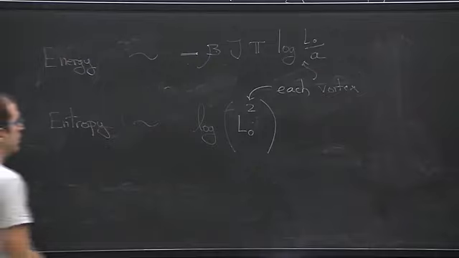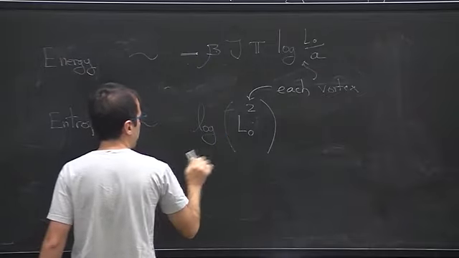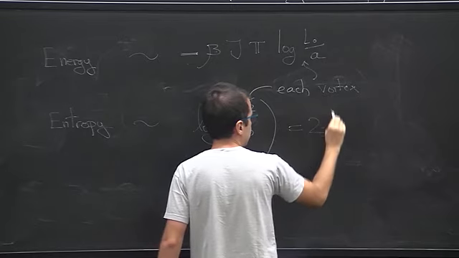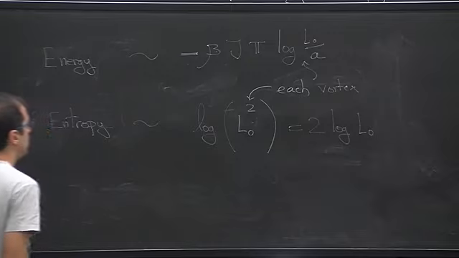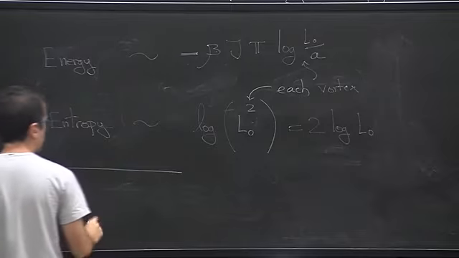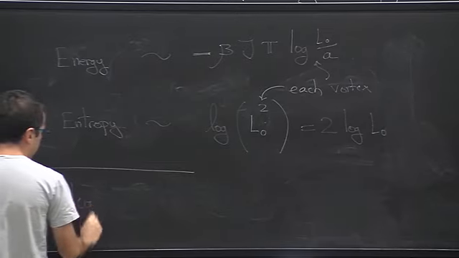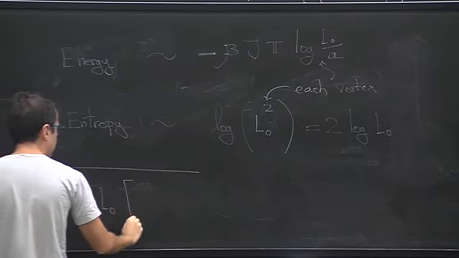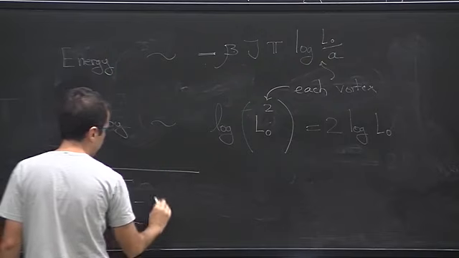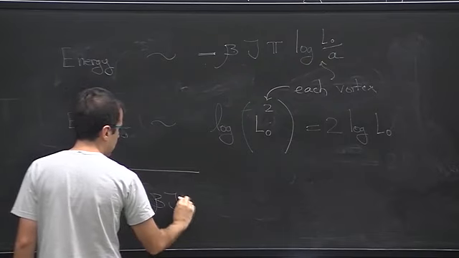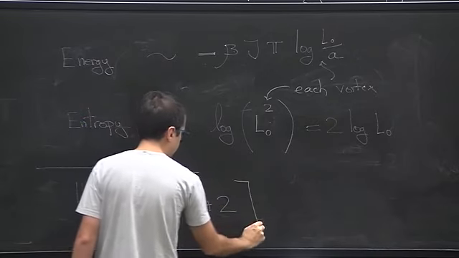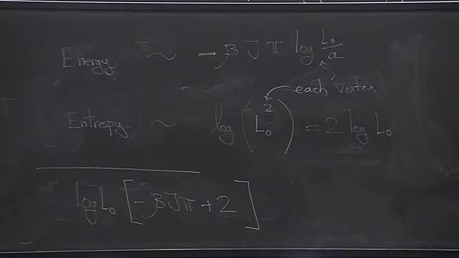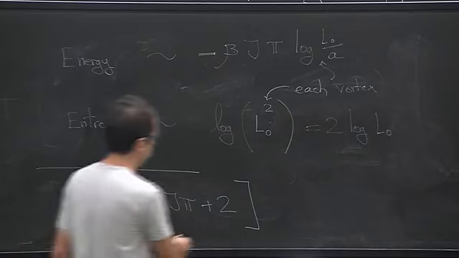And therefore, when we compare both, so this is twice log of L0, we get in total log of L0 times, from the entropy 2, minus beta J pi from the energy. And so we see the critical temperature.